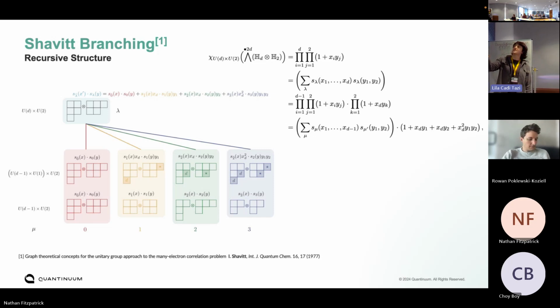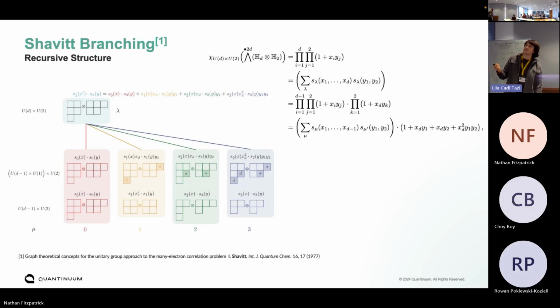So if you take this product over D, which breaks up into here that's lambda. If you take out one of the factors of the D, you end up with these. This is just an example of one irrep of the UD case, but you get these mu's of the UD minus 1, and when you take this out, you get these 4 terms.